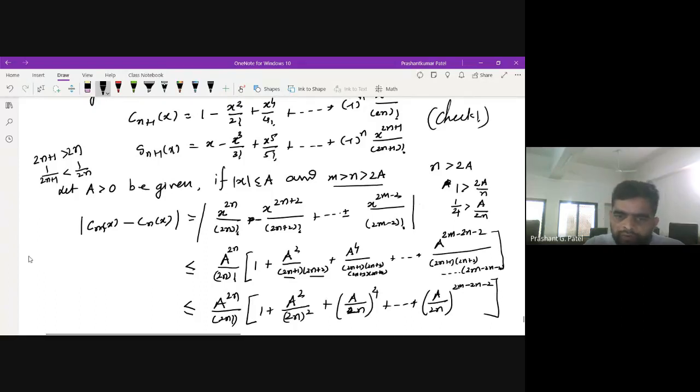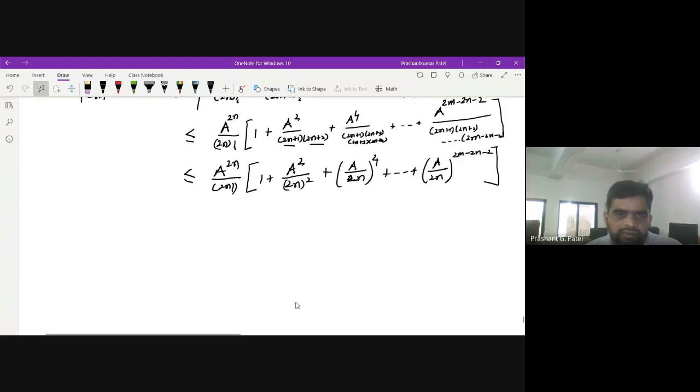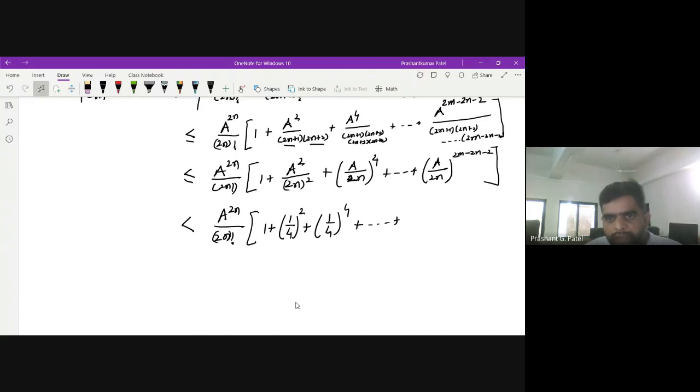So everywhere we have A upon 2n, we write this is less than A power 2n upon 2n factorial into 1 plus 1 by 4 square plus 1 by 4 power 4, up to so on, and I add more terms going to infinity.